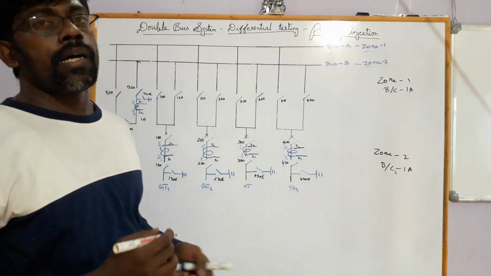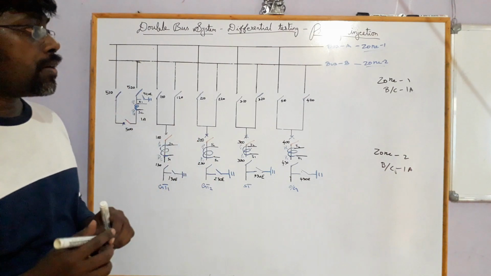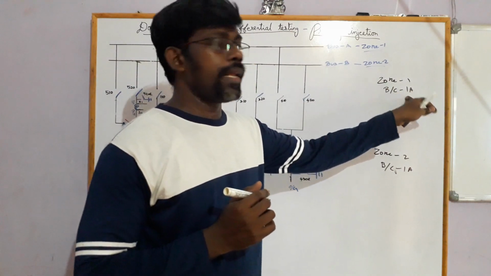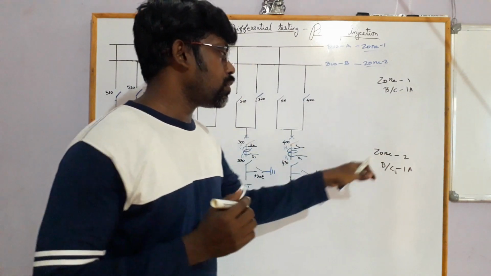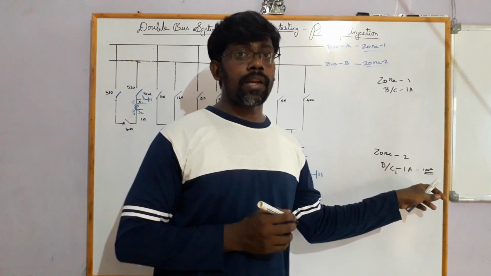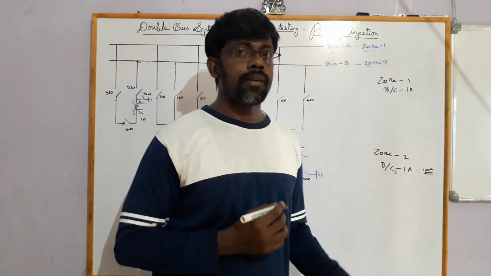Both zones will take this bus coupler, but zone 1 has nothing to change, but zone 2 will invert the polarity. This inverting of the polarity is done by the relay internally.